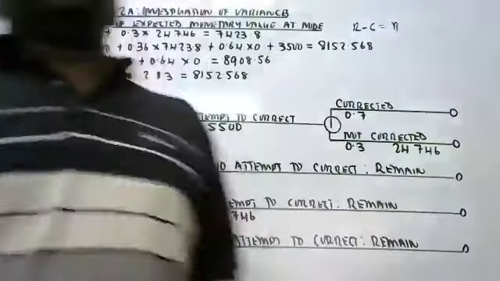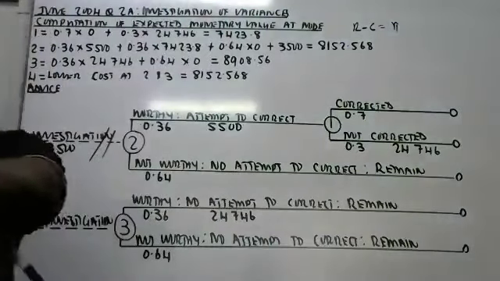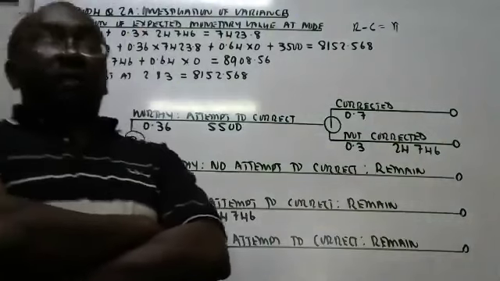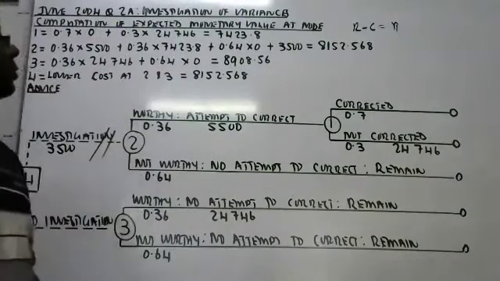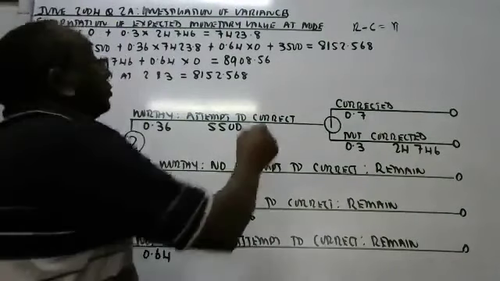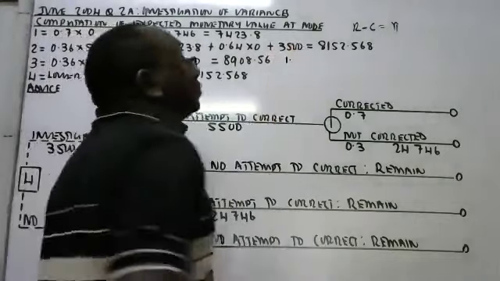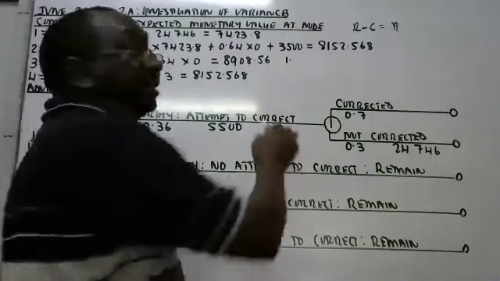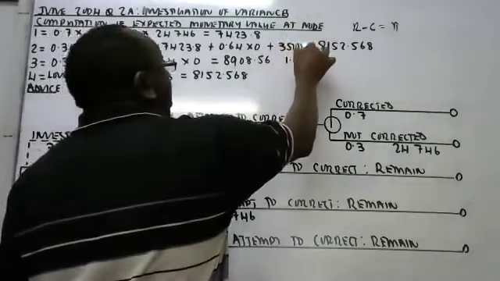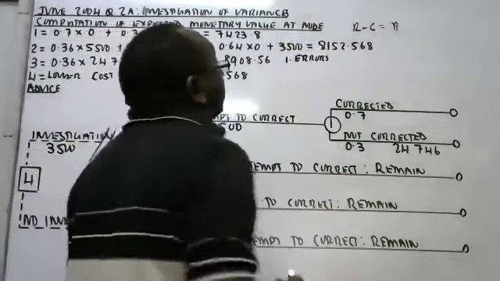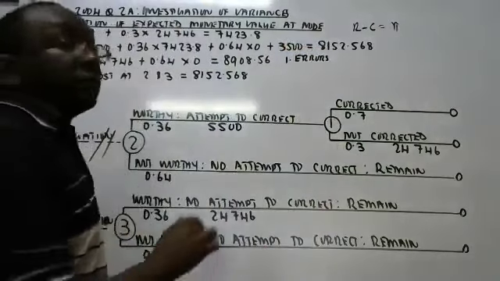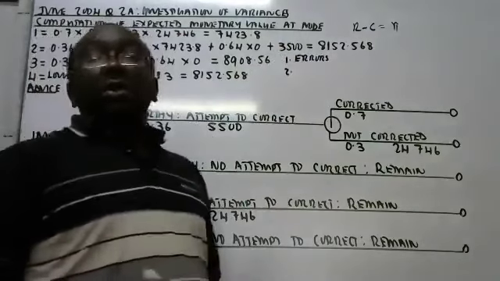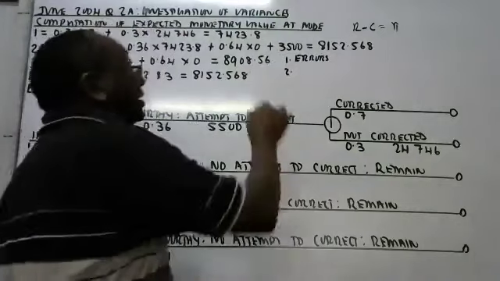Causes of variances. One, measurement errors. Number 2, use of outdated standards.